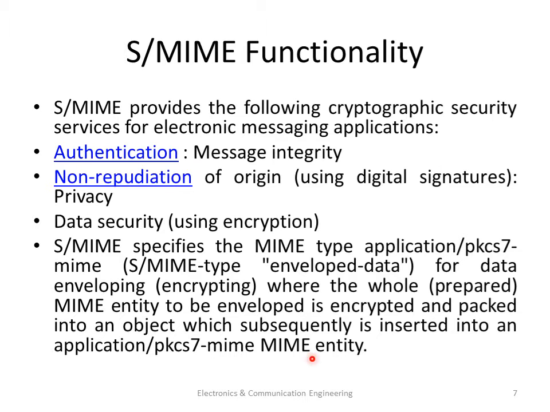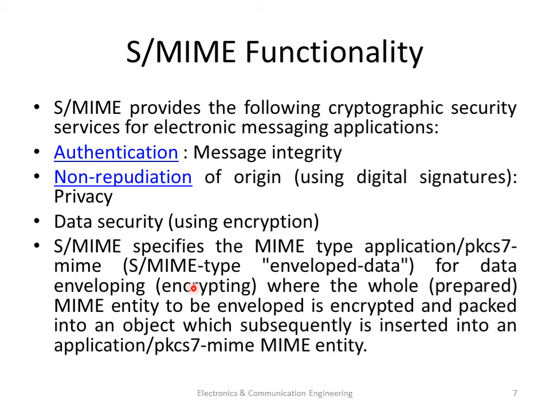Coming to the functionality, it provides cryptographic security services for electronic messaging applications: authentication, message integrity, and non-repudiation of origin using digital signatures, and privacy and data security using encryption. S/MIME also specifies the MIME type application/pkcs7-mime.